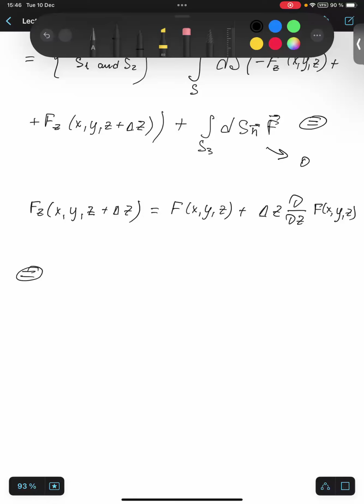So continue our equation. So delta z d over dz integral ds f z x y z, and also some delta z and the contour integral dl.